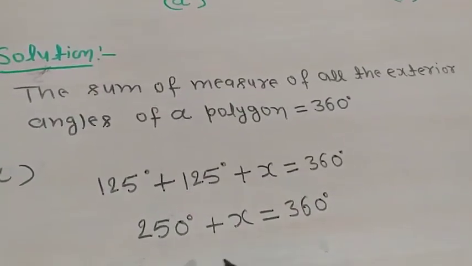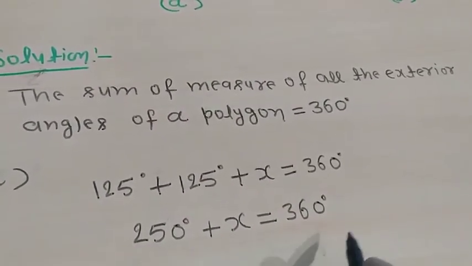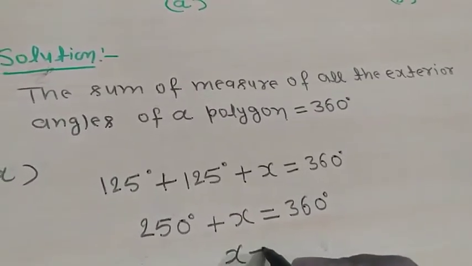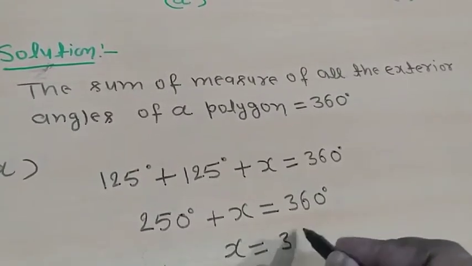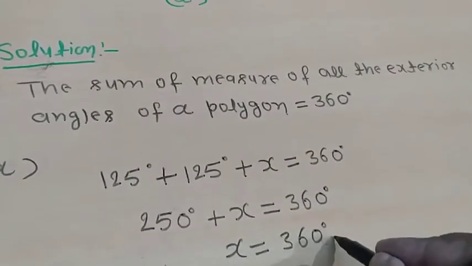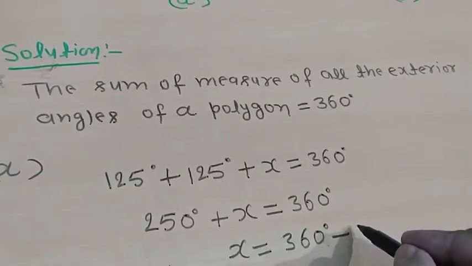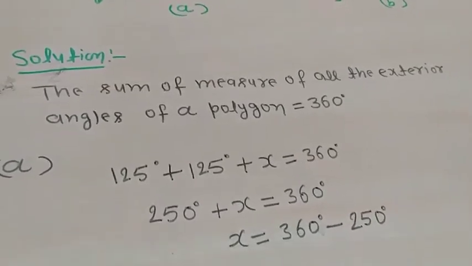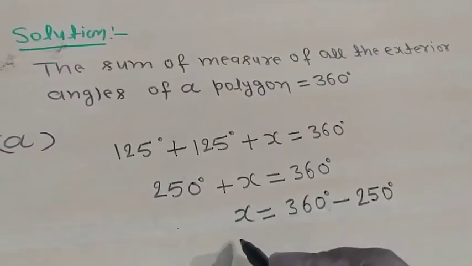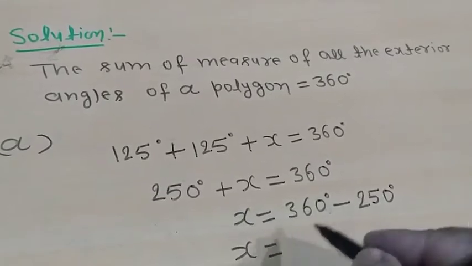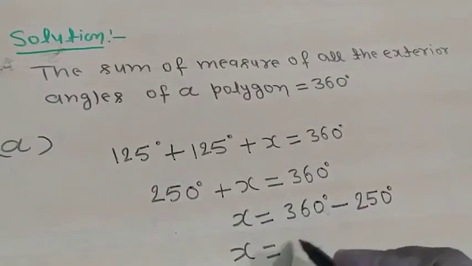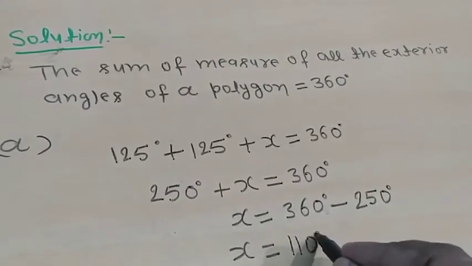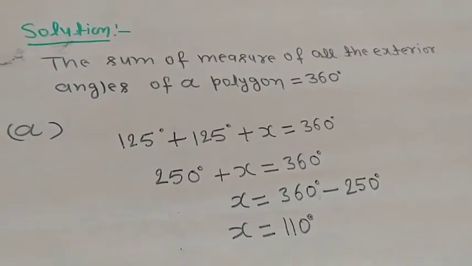Okay, we transfer 250 degrees to the right hand side, then we obtain here x is equal to 360 degrees minus 250 degrees. Now x is equal to 110 degrees. Clear? The value of x is 110.